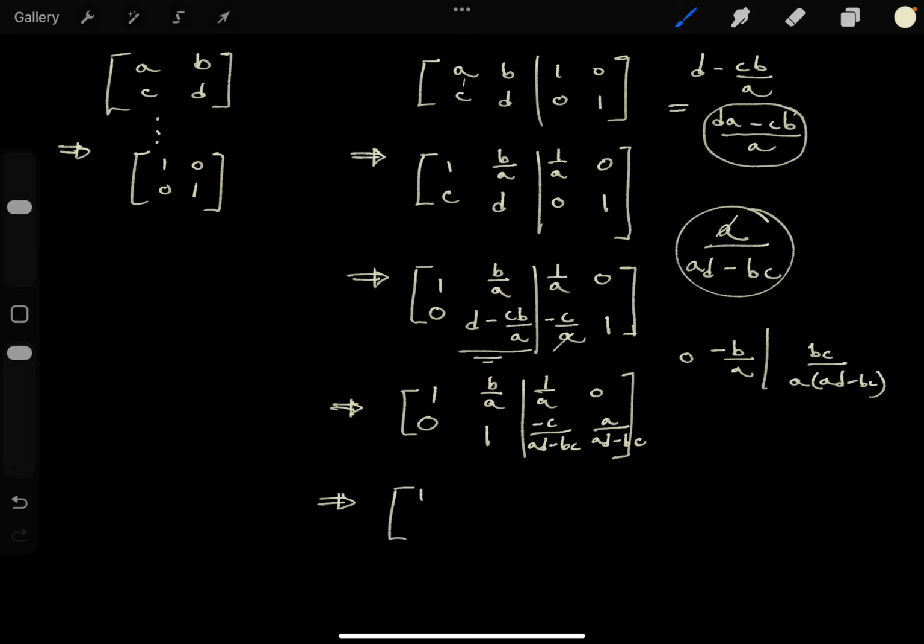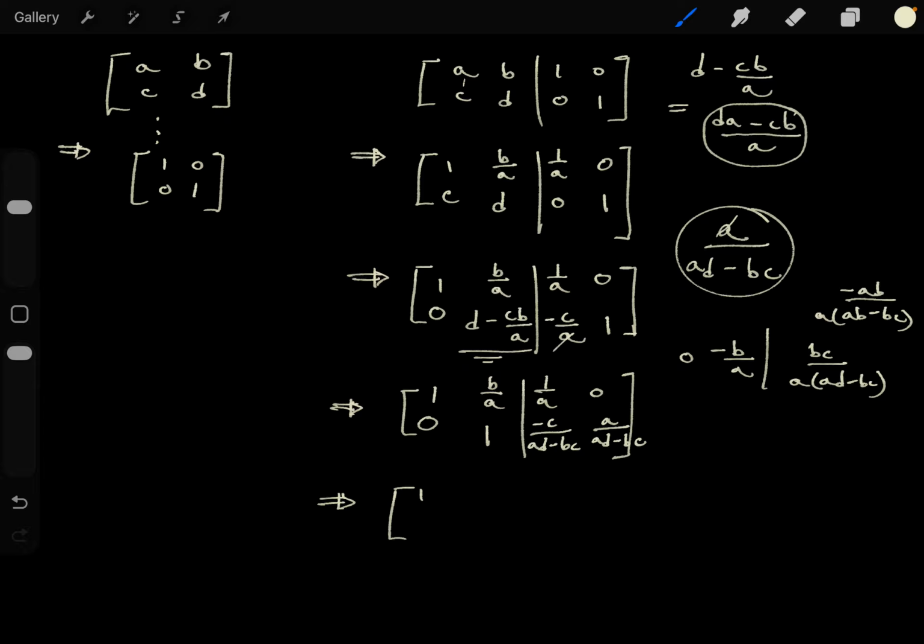And then this, when I multiply by negative B over A, I'm running out of space, negative AB over A. I'm multiplying by negative B over A, so it's B times A. Did I do this right? And then that's the second one, and I have to add this to the top.